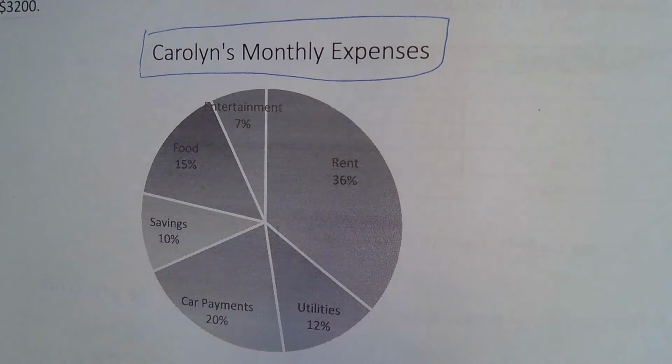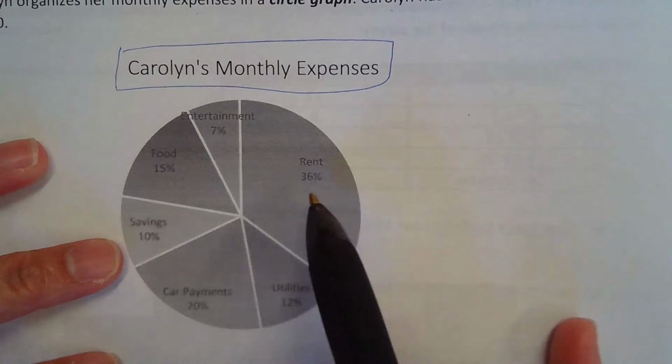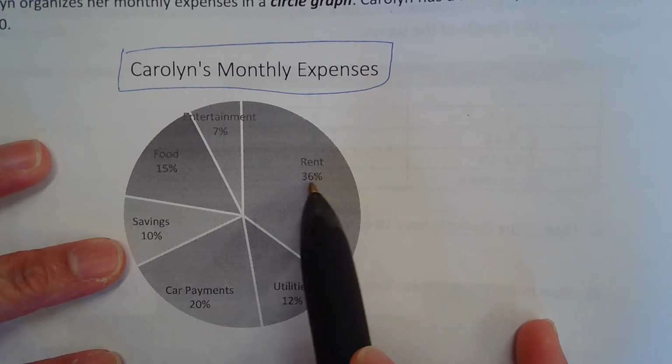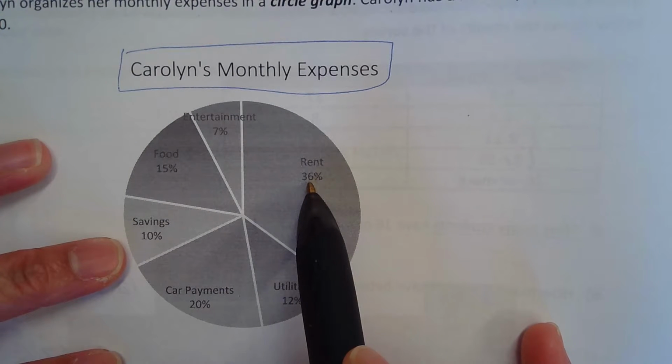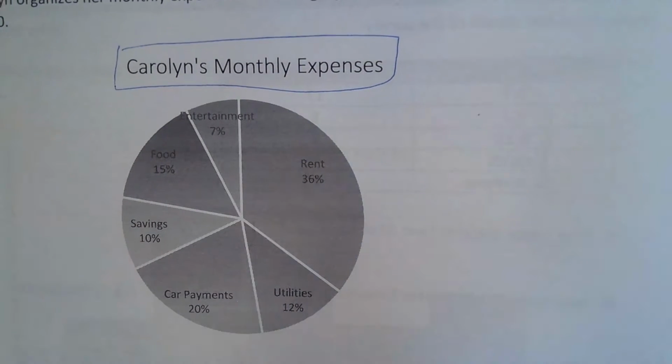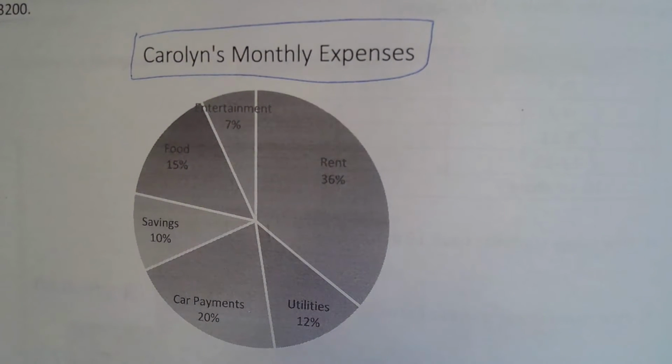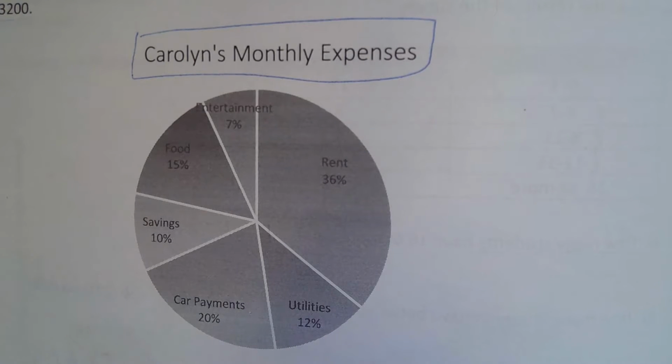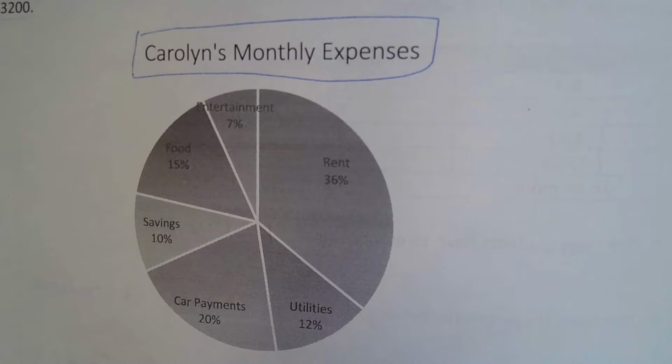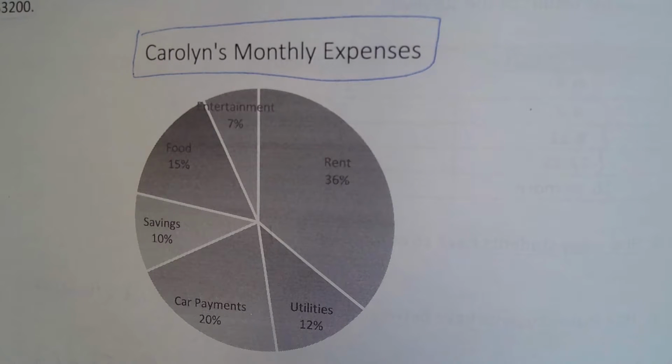Yeah? Okay. So in this particular case, the percent has something to do with how big the slice of the pie is, right? 36% means 36 out of 100, right?